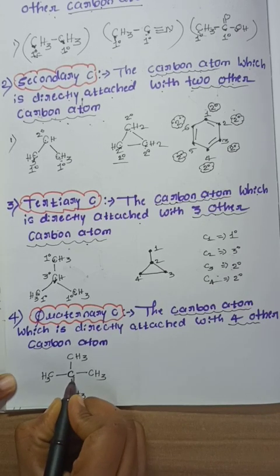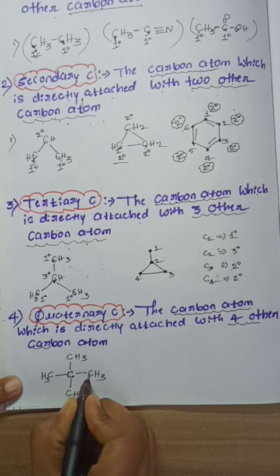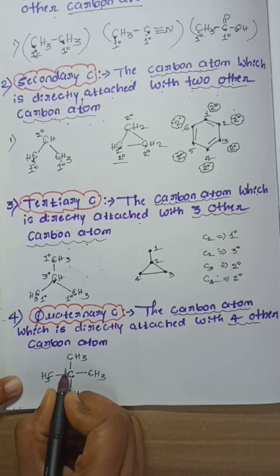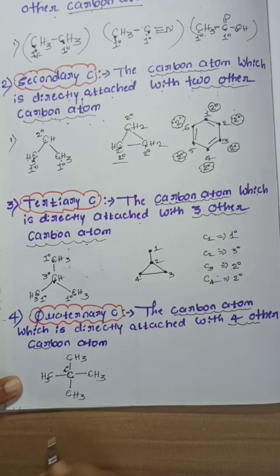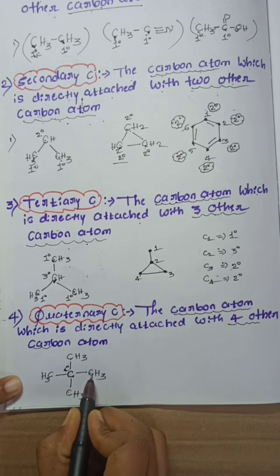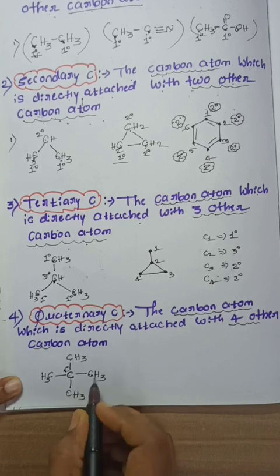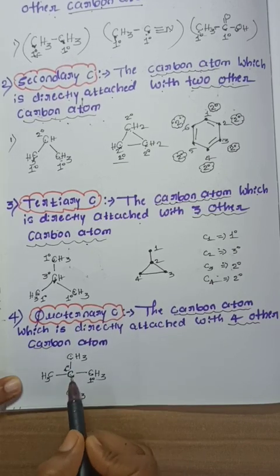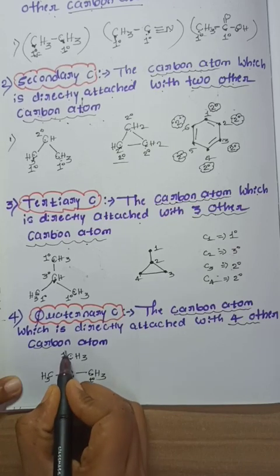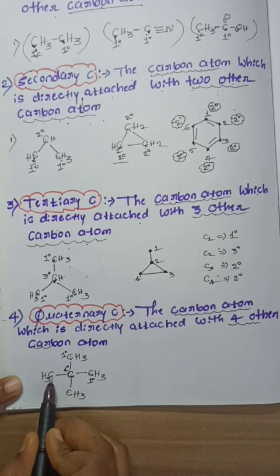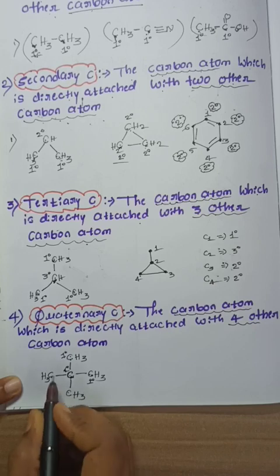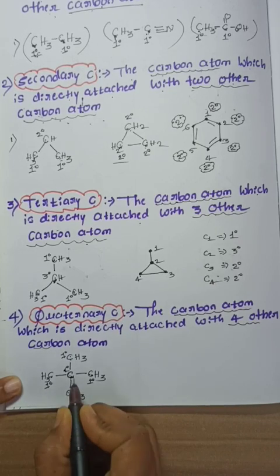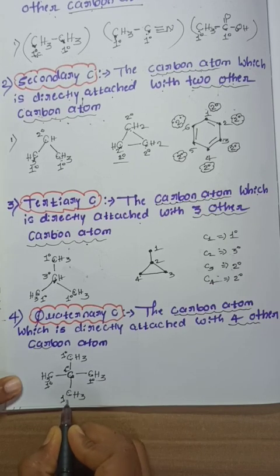This carbon is directly attached with 1, 2, 3, 4, so this central carbon we call quaternary carbon atom. Each of these other carbons is directly attached with only one carbon, so we call each of them primary.